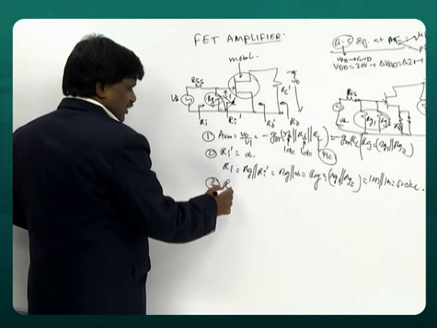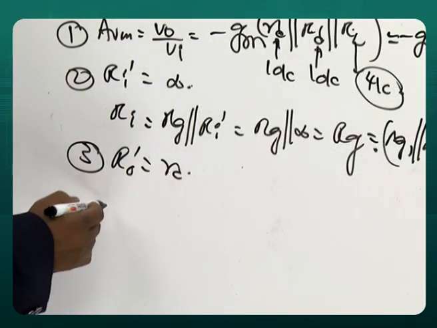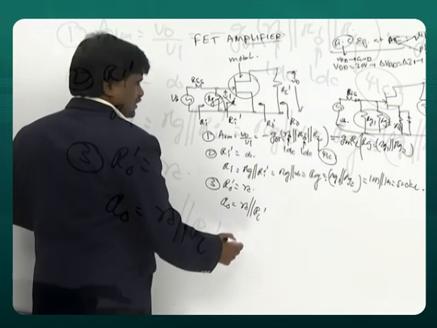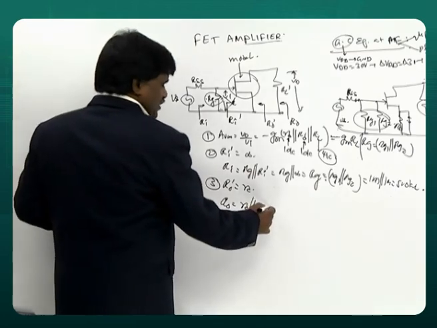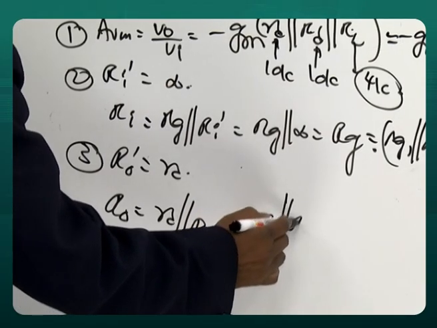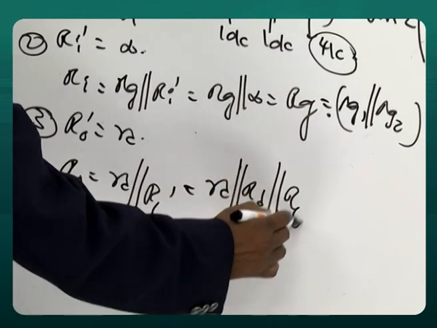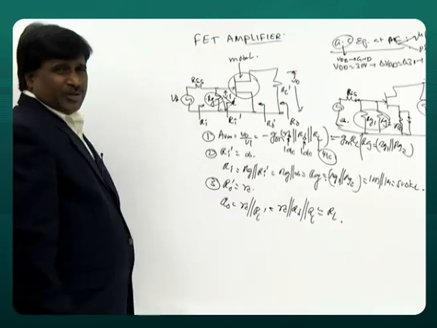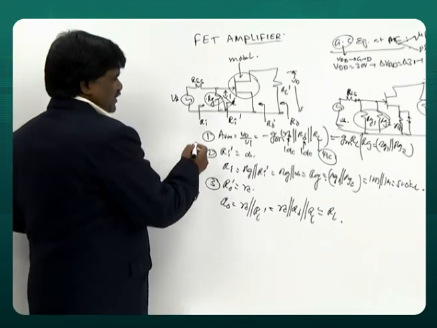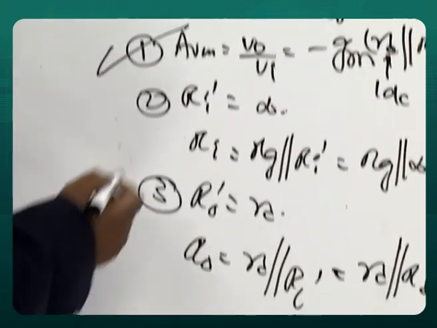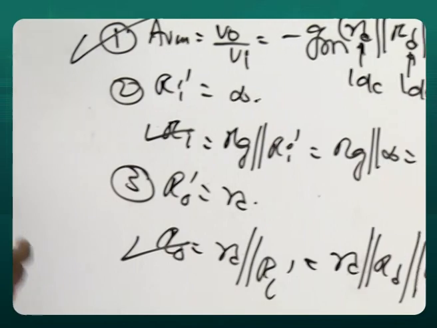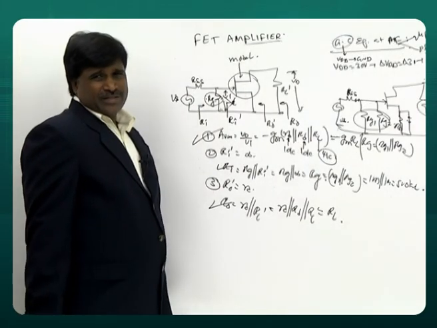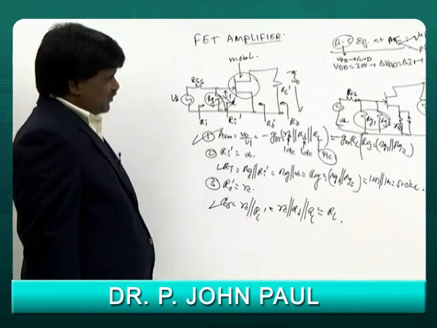Then lastly, R0 dash is small rd. So R0 is small rd parallel RL dash, which is nothing but small rd parallel capital RD parallel RL, which is approximately RL. That's the meaning. So for any amplifier, a person requires voltage gain, input impedance, output impedance. That's called mid-frequency analysis.